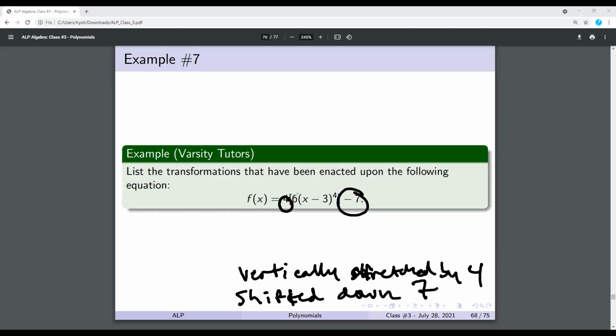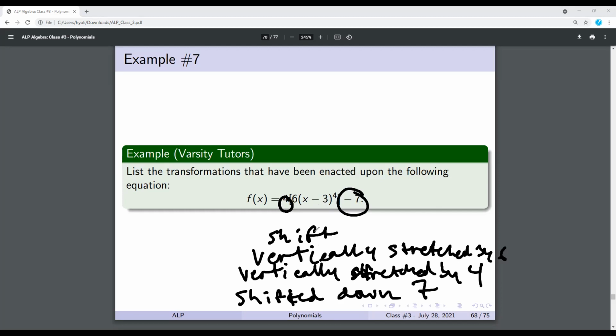Now we have to deal with this inner layer. Basically, 6 is also a stretch, by a factor of 6. Minus 3 inside means it's shifted to the right by 3. And then we're left with x to the power 4, which is what we had at the beginning.